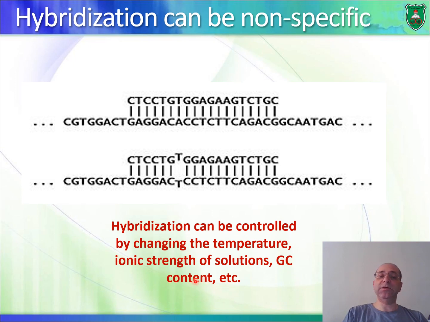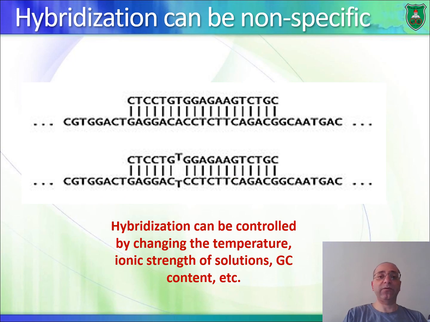GC content is another factor that can control the probability of hybridization taking place. So if there are many G's and C's that are complementary between the two strands, then yes, hybridization can take place. But if you have a lot of A's and T's, then that's a problem. So the hybridization may not take place.